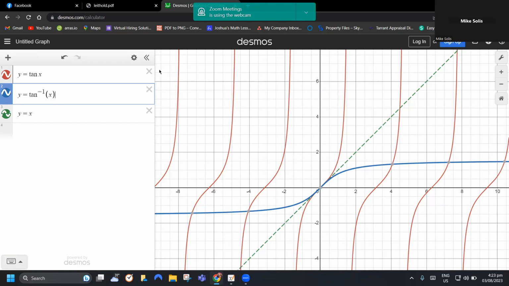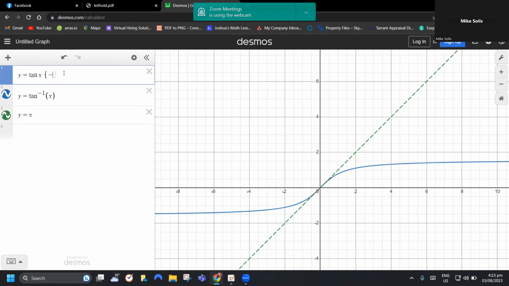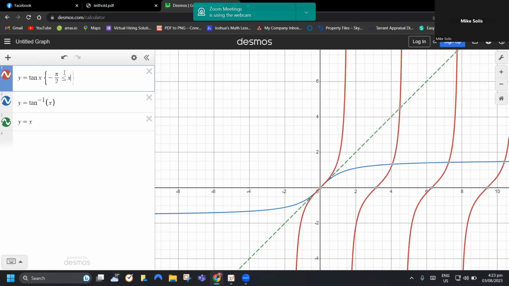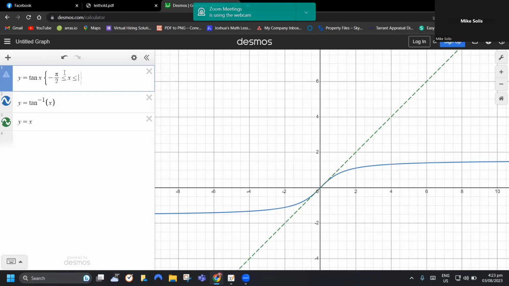So, lagyan mo ng restriction. So, curly bracket for tangent x. Open the curly bracket and then minus pi over 2 less than equal to x less than equal to pi over 2.